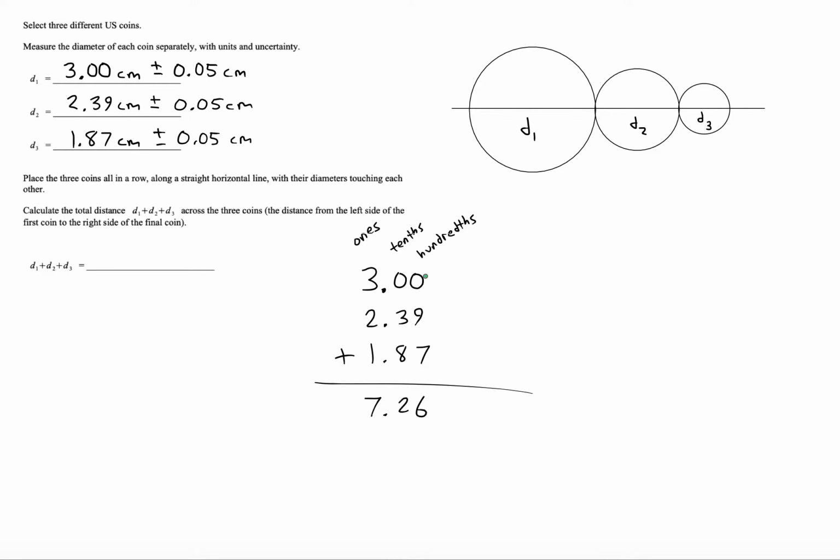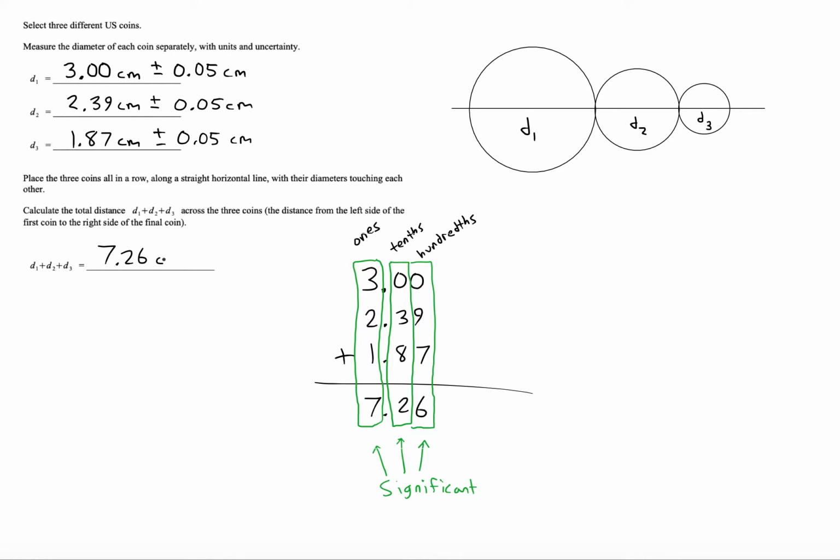The reason why is because we have significant digit information in the first column, and in the second column we have significant digits, and in the third column we have significant digits for all the measurements involved. What that means is that all my final results are going to be significant as well. So I want to keep those in my final answer.